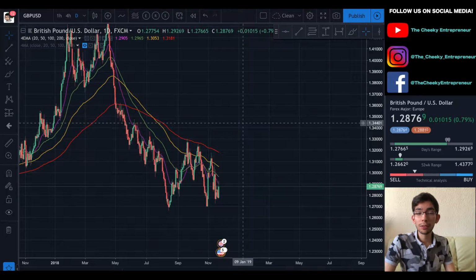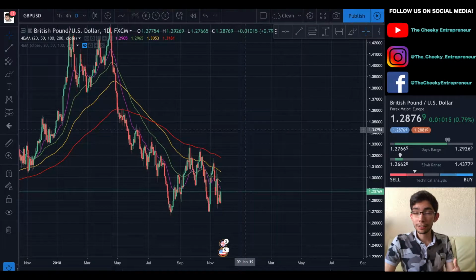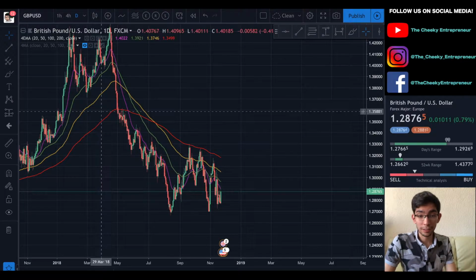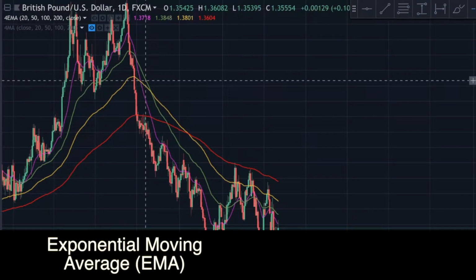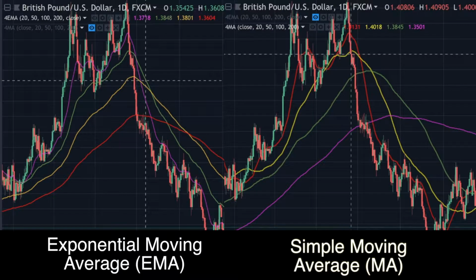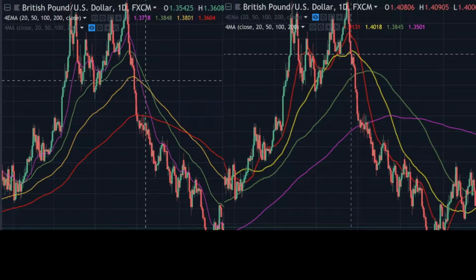So here I want to establish the difference between the exponential moving averages and the simple moving averages. So here we have the exponential moving average, as you can see, and if we bring the moving average, you're gonna see that the price is kind of slower in terms of this big drop, so it's reacting slower.